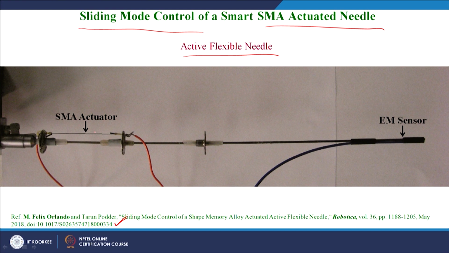The SMA actuator is of length 70 millimeter and 0.35 mm diameter, and you can see that it is attached to the disc through the crimps, so that the crimps attach firmly to the discs or the ends of the SMA wire actuator. And you can see that the EM sensor, electromagnetic sensor, is attached to the needle tip, so as to track the needle tip with good accuracy.